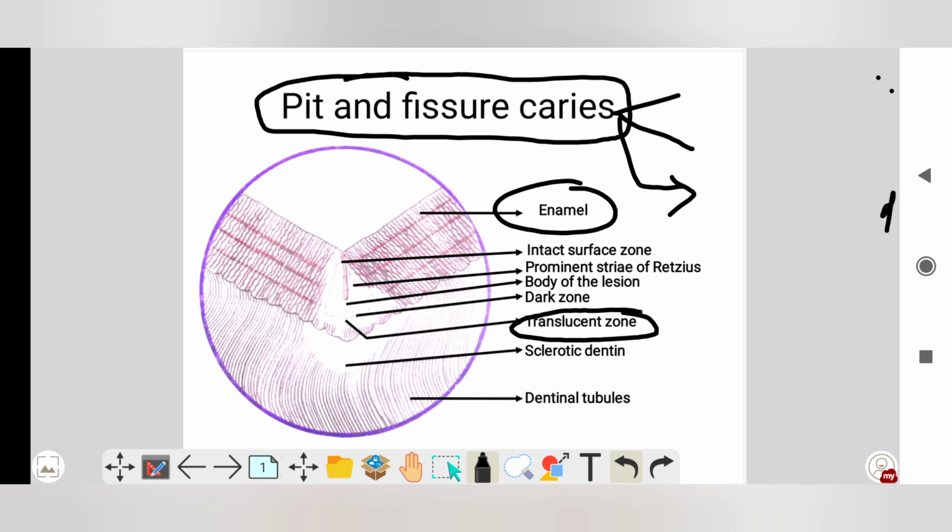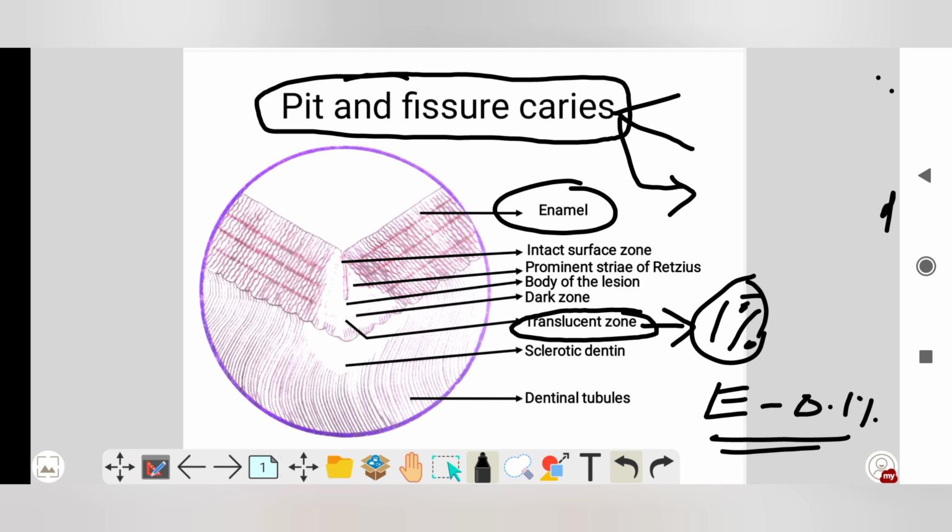Here you can see a 1% pore size. The pore size in normal enamel is actually 0.1%, but in this zone the pore size is 1%, larger than the normal enamel pore.